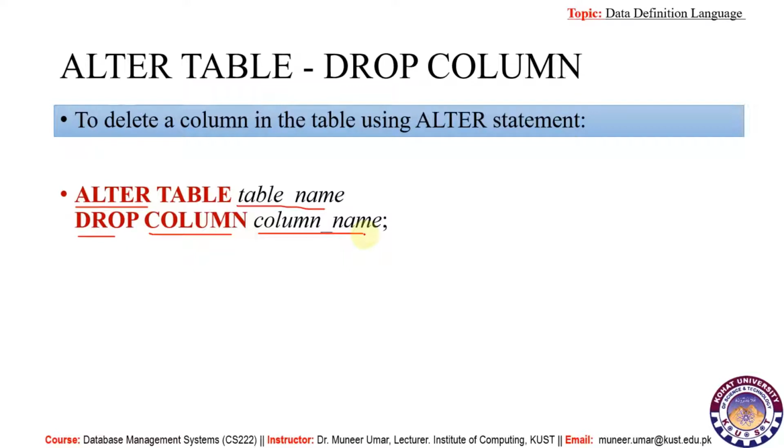Now suppose we have a table for employees and I want to delete the address column, so I must type it like this: alter table employee info drop column employee address. With the help of this query, an existing column will be deleted from a database table.